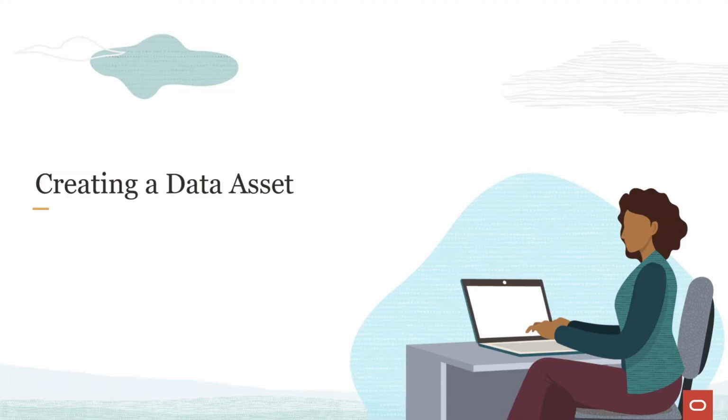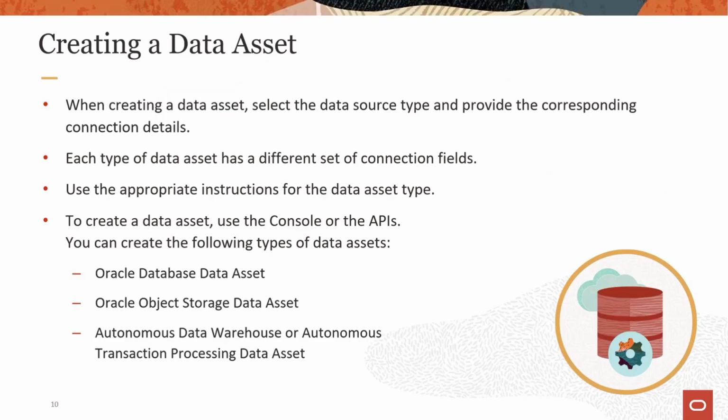In the next few slides, you will learn to create various types of data assets. When you create a data asset, you have to select the data source type and provide the details of the corresponding connection. The connection fields might vary for each type of data asset. Hence, be sure to use the appropriate instructions for the data asset type.